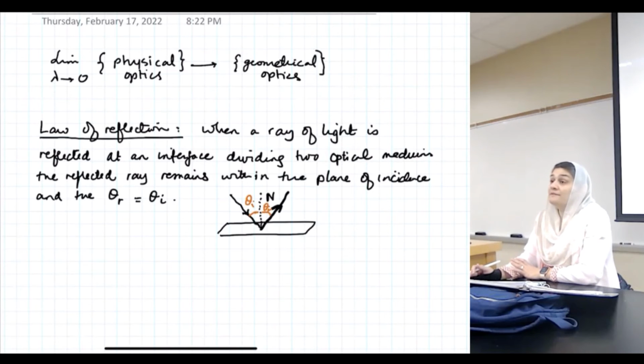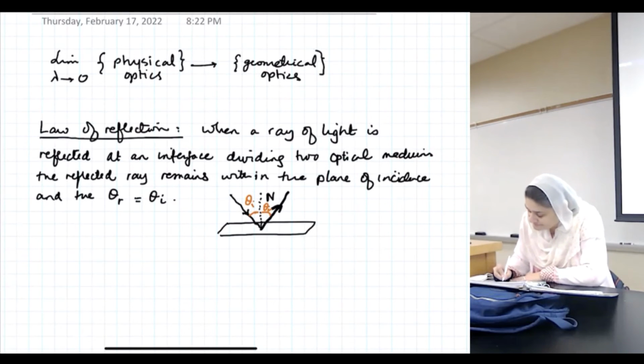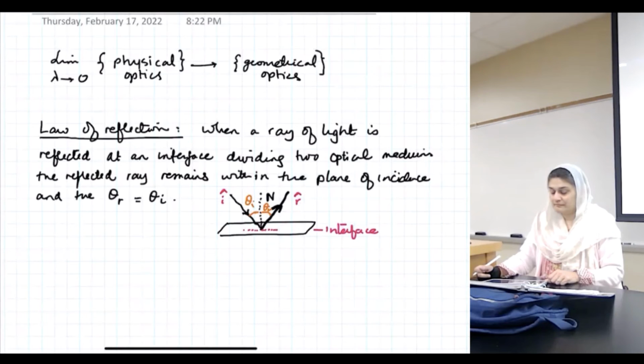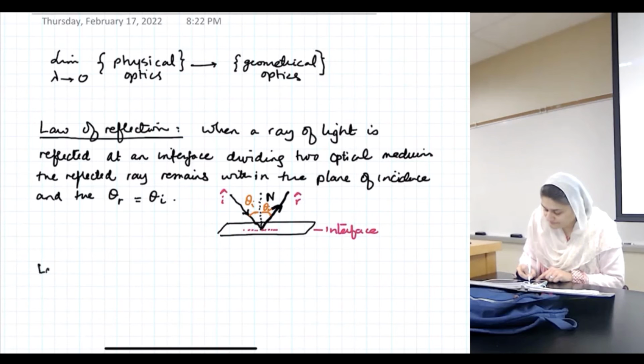Understand that the angle of incidence and the angle of reflection are measured with the normal to the surface. So this is called the interface. This is the angle of incidence. So this is the incident ray, and this is the reflected ray. And that's my surface. Okay, then what is the law of refraction?